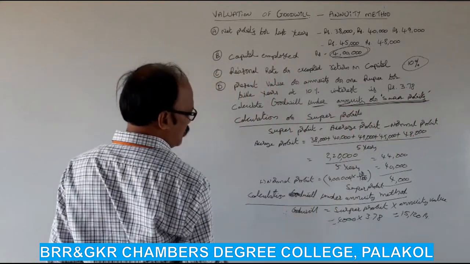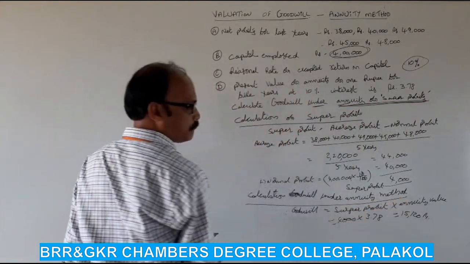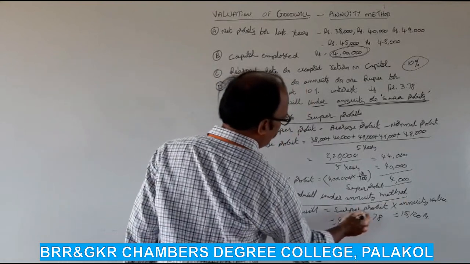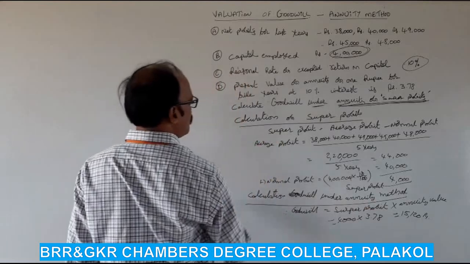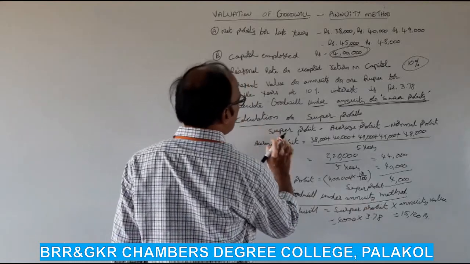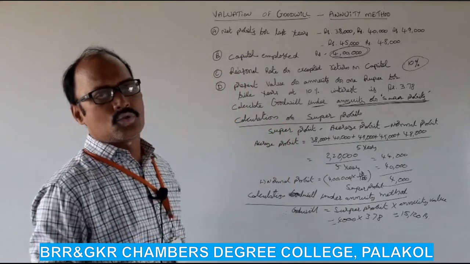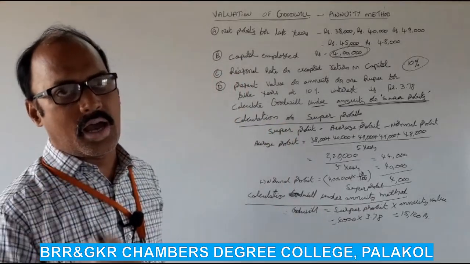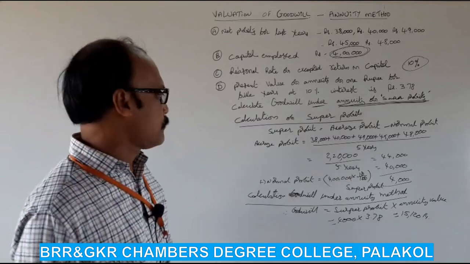So, calculation of goodwill under annuity method. What is the principle? Goodwill is equal to super profits into annuity value. That's why first you have to calculate super profits here. Super profit is equal to average profit minus normal profit.